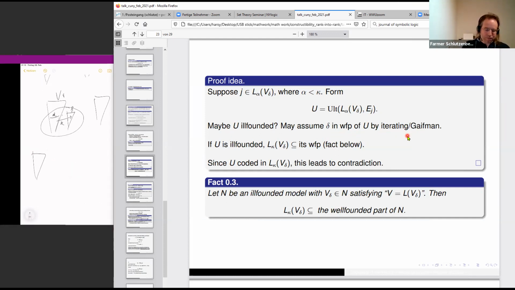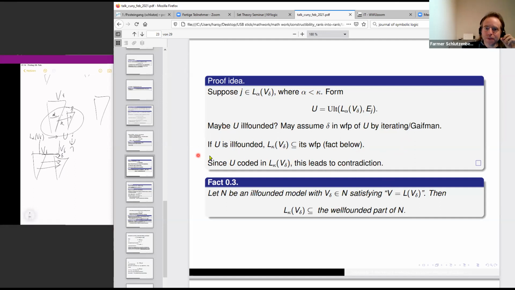You can arrange that delta maps to delta when you take the ultrapower map of L alpha V delta into U, the ultrapower, so you can get delta fixed. But then it might be ill-founded up above here somewhere. This is the ill-founded part.